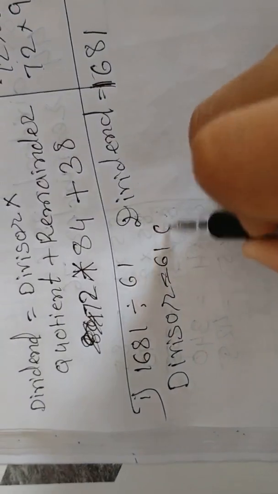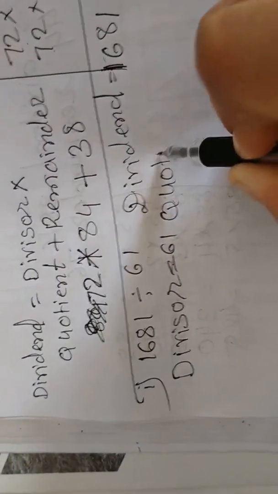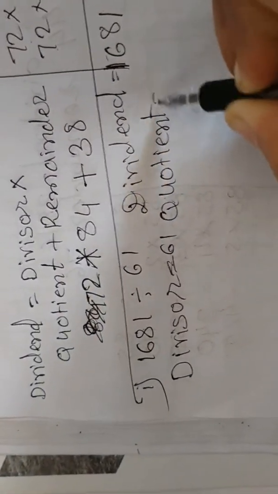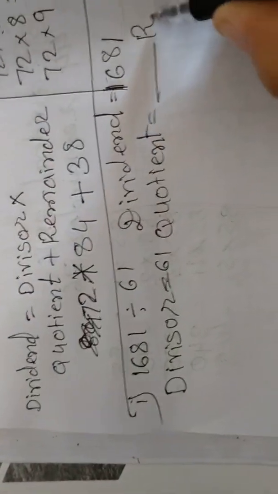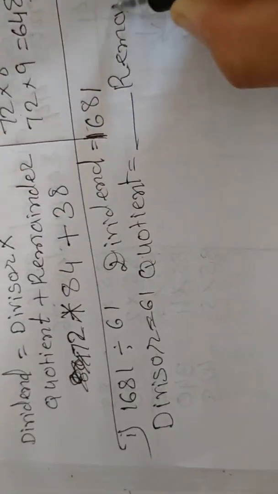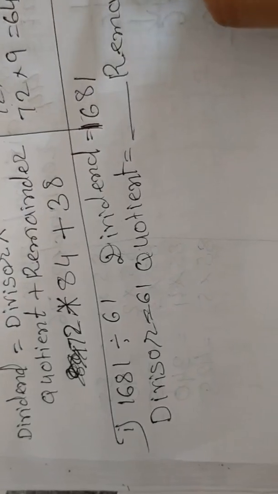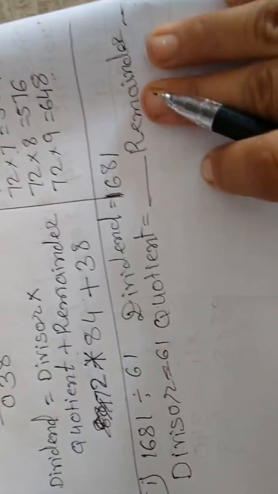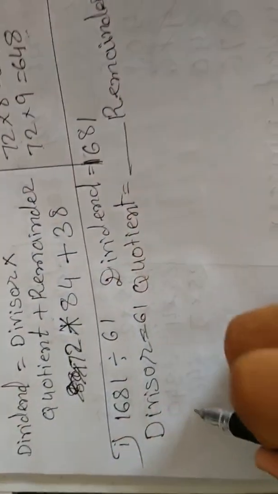We have to find the quotient and remainder. Now we'll start the sum.